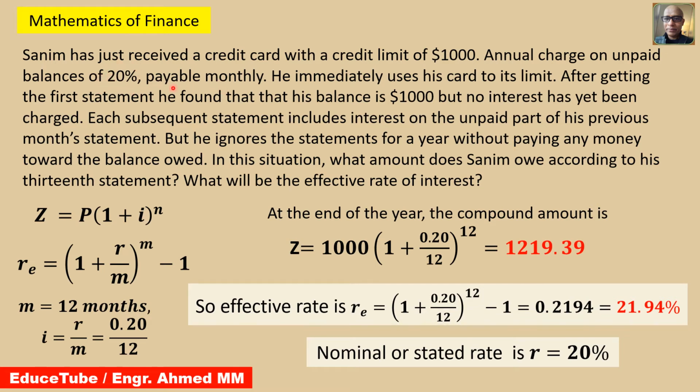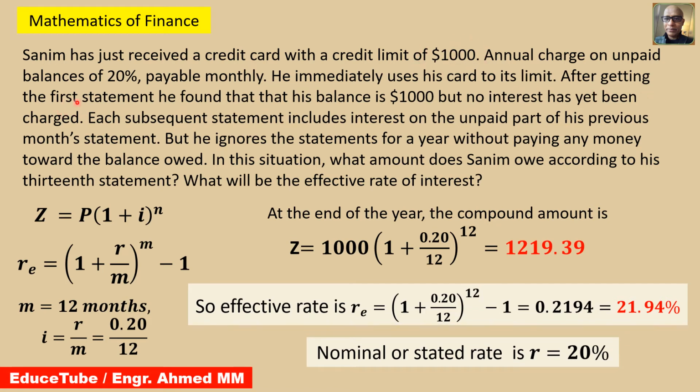Make sure to understand this point: payable monthly. So the number of periods in a year will be 12, which means the m value will be 12. He immediately used his card to its limit, which means he spent $1,000.